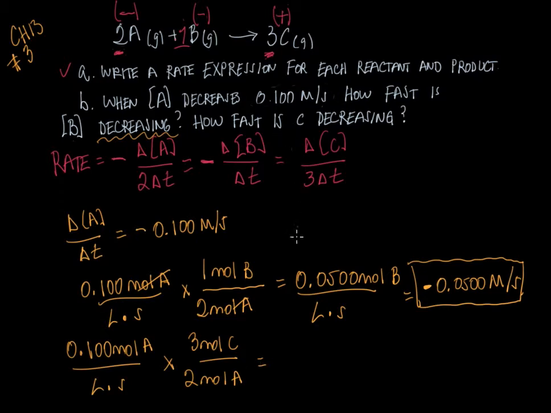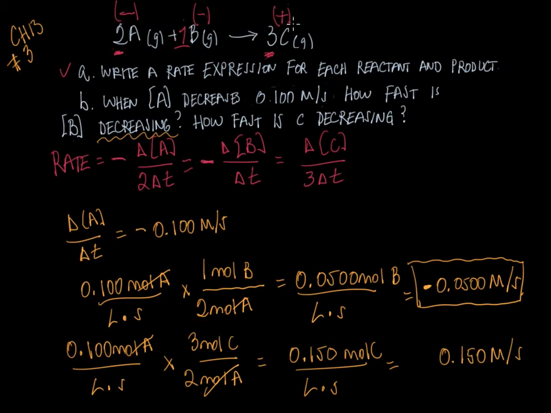We get a value of 0.15. Add a 0 here from a calculator display to maintain 3 decimal places, 3 sig figs. And that's moles of C per liter per second. And moles per liter is just molarity. So that's 0.150 molarity per second if we're talking about C.